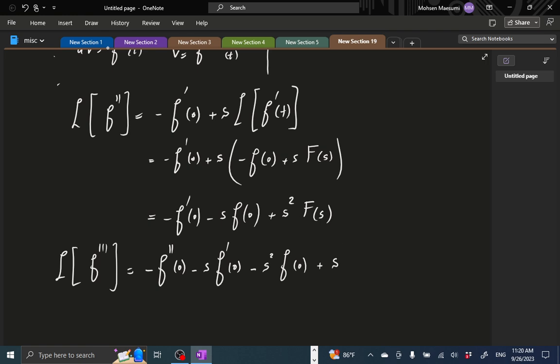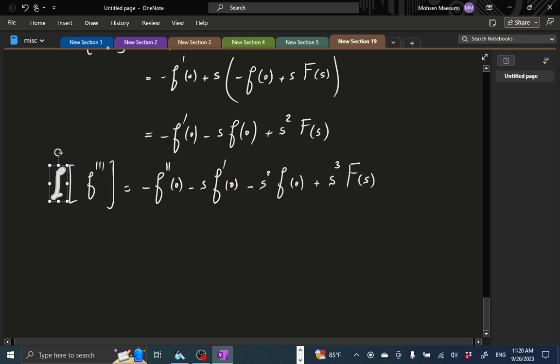And then finally s cubed F(s). So we see the pattern here. S to the power of 0 is just 1, s to the power of 1, s to the power of 2, s to the power of 3. So s powers go up. Number of derivatives: 2, 1, and 0. All of these things tied to the initial values are subtracted, and the final one is s to the power of how many derivatives you have here, multiplied by the Laplace transform of the original function, F(s).